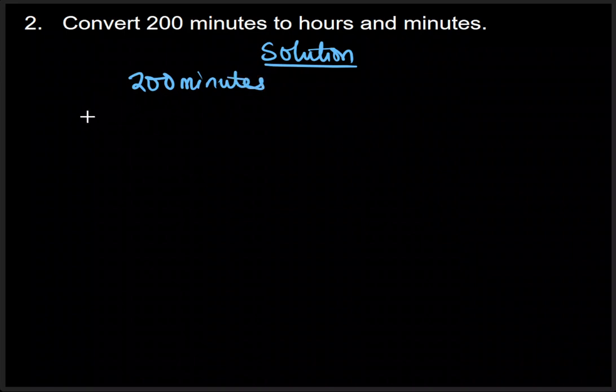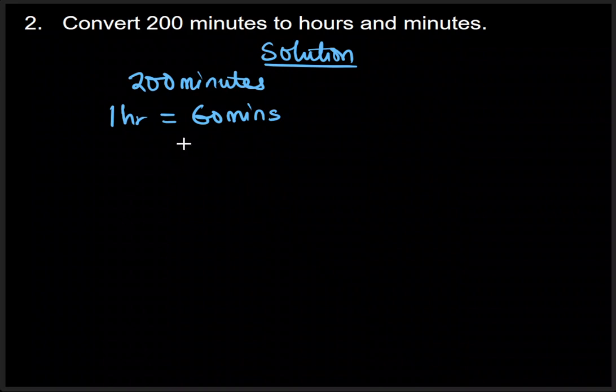So we have to convert 200 minutes to hours and minutes. All right. So what do we do here? Relationship between hours and minutes. First, we have that 1 hour is equal to 60 minutes. So what are we being given? We are being given 200 minutes, and then we have to put it not just in hours, we have to put it in hours and minutes.